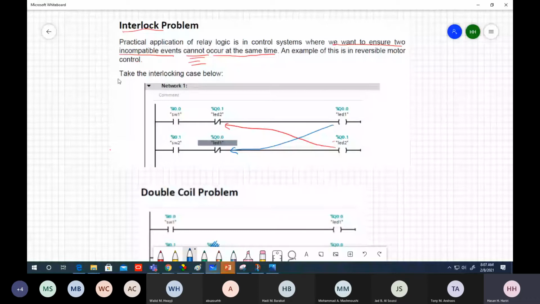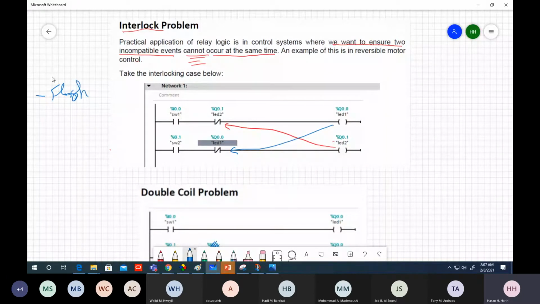I'll give you one example and we keep it for later. When you want to do flashing a light, or we call it blinking, okay, when we have a light, we want to have it on and off, maybe on for 1 second, off for 1 second.